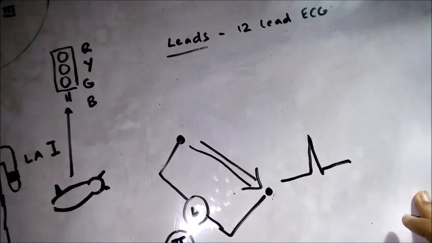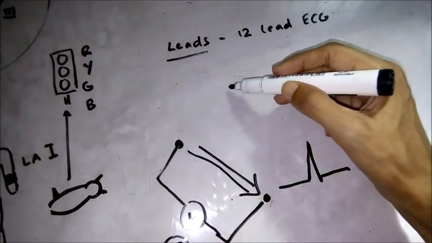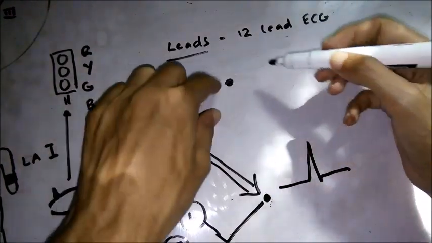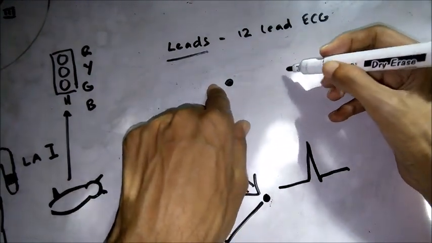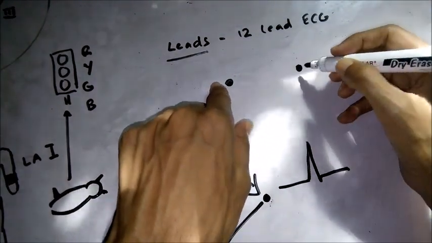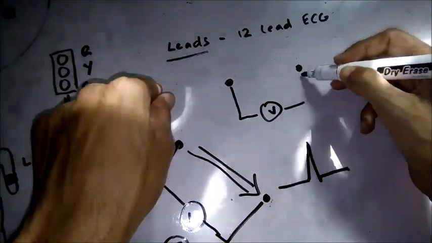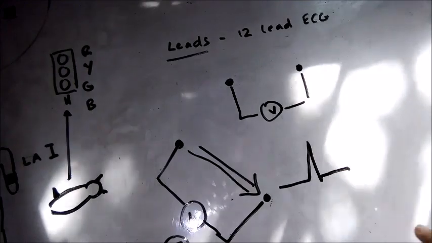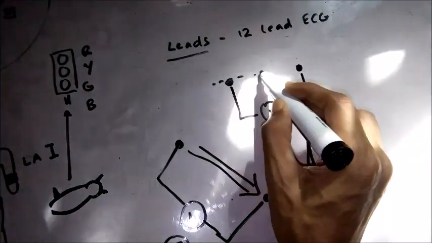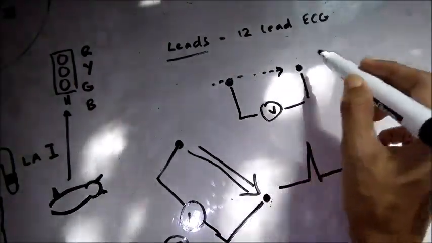With lead 1, in another example, if you look at lead 1, in which there's one electrode at the right arm and the other electrode in the left arm, and we have a voltmeter which is actually telling us the potential difference, and you have a wave which is actually going now in this direction.